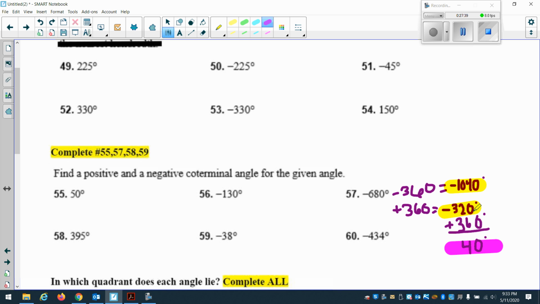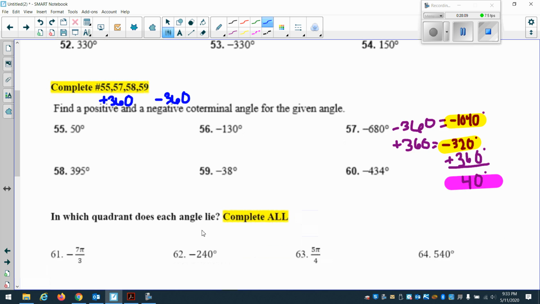Either of those work. If you just listed negative 320 and 40, you would be correct. If you did negative 1040 and 40, you would also be correct. So for positive coterminal angles, just remember you're adding 360. For negative, you're subtracting 360.